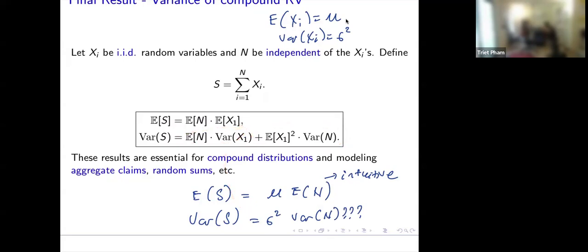It'll be the expectation of N times the variance of X, so it's sigma squared times the expectation of N. And then this term is the expectation of X1 squared, so it's mu squared times the variance of N. The variance formula, even for this simple structure, is complex, put it that way. All right, any question?